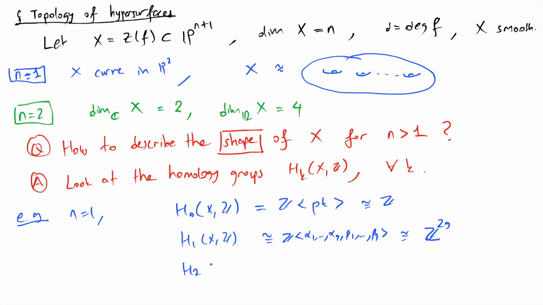The H_2 of X, so this is dual to H_0, is just generated by the total space, the homology class of the total space. Nothing interesting. And of course, this is also rank Z.